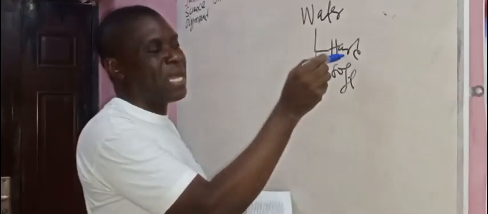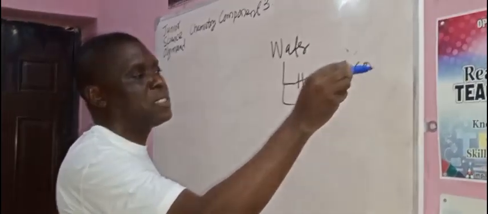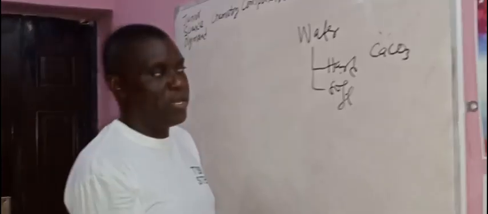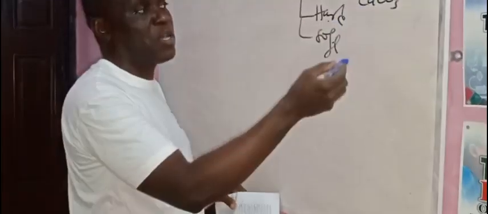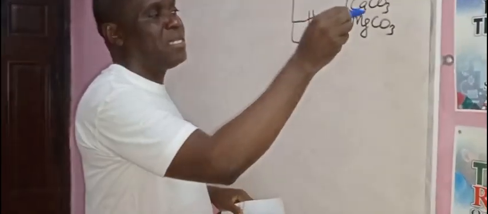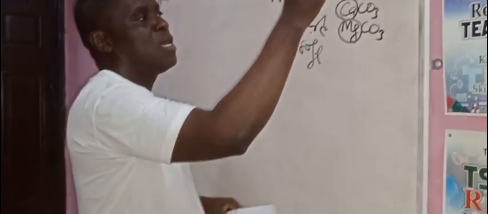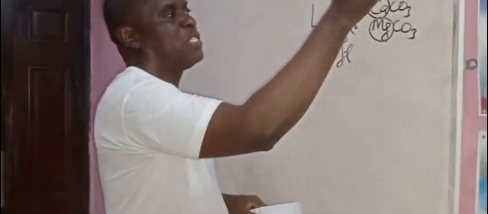Now, this hard water is gotten from where we have calcium carbonate, where the rock contains this substance, calcium carbonate or magnesium carbonate. Now, what actually causes hard water to be hard is that it contains calcium and magnesium ions, calcium 2 plus and magnesium 2 plus.